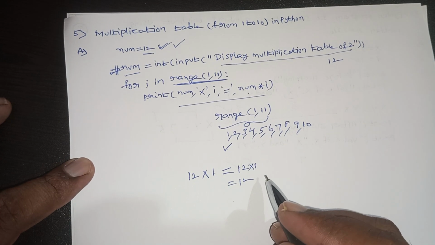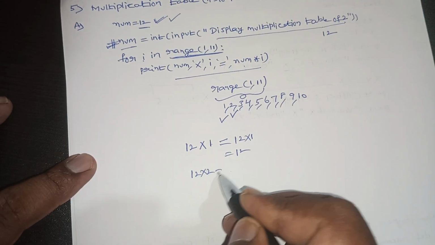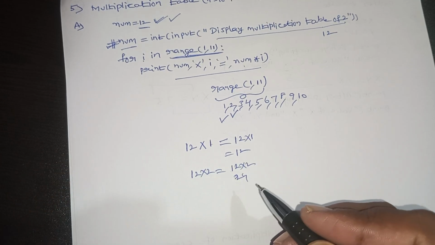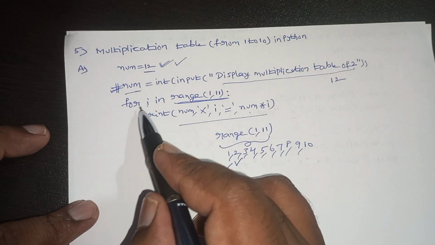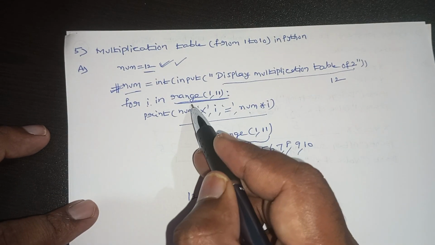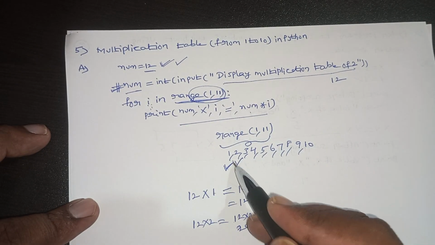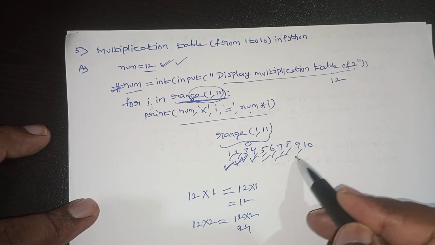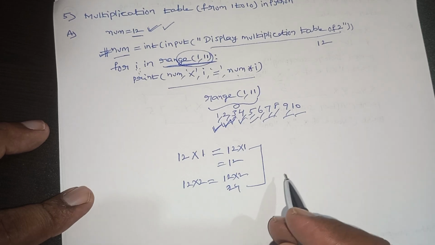Second time i equal to 2, then 12 into 2, which is equal to 24. Like this I have to continue the for loop, that is, for i equal to 1, 2, 3, 4, 5, 6, up to 10. In this way I have to print this multiplication table.